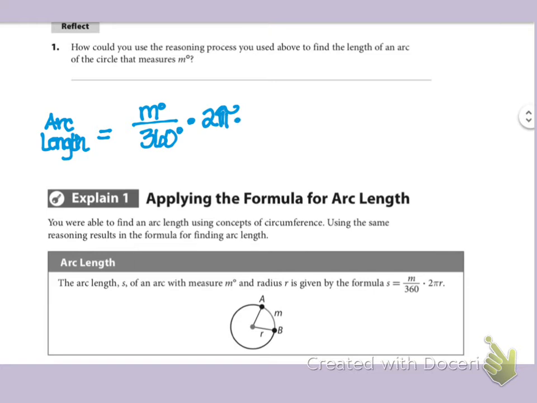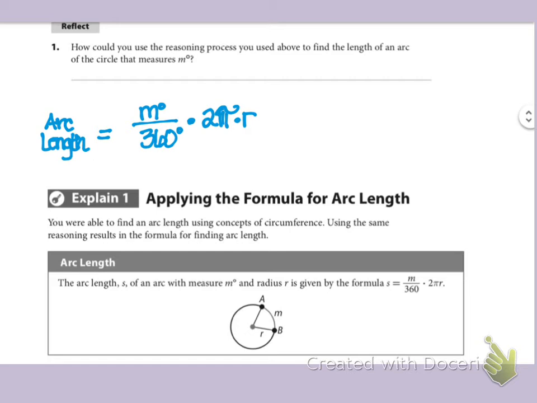And now all of a sudden we have a formula that we can use for any arc on any circle. As long as we know its radius and the measure of the arc in degrees, we can always find the length of the arc. And that's exactly what this formula says.